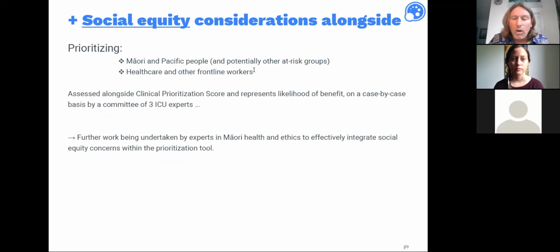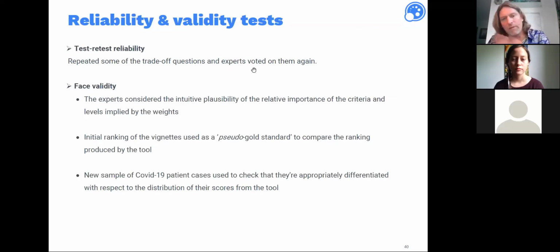And alongside that prioritization tool, these other social considerations were to be considered on a case-by-case basis by an evaluation panel. Luckily, again, this wasn't required in New Zealand, but they were ready to go. And there's further work being done, improving the tool, especially with respect to these social and equity considerations. As you'd expect, I only briefly touched on it in my talk, but of course, lots of testing of validity and reliability for obvious reasons.